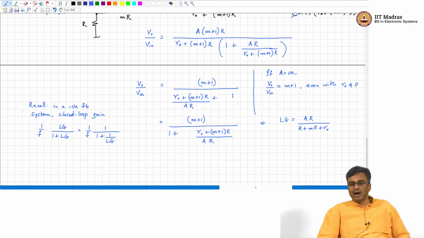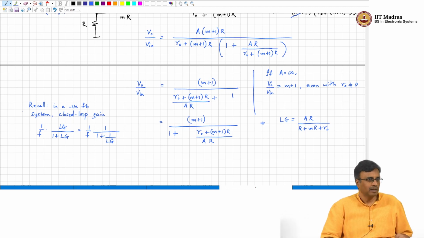Now, what if you deliberately choose this R, the resistance, very badly, and let us say the R you put in is smaller than R naught, then what comment can you make? The loop gain will become much smaller than what it's supposed to be. Does it make sense?